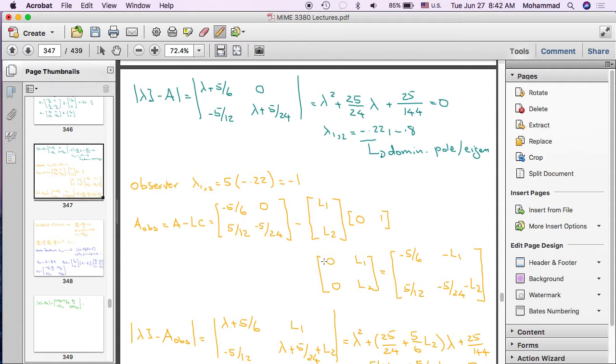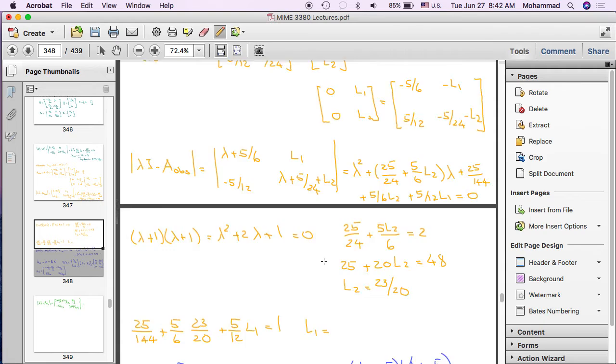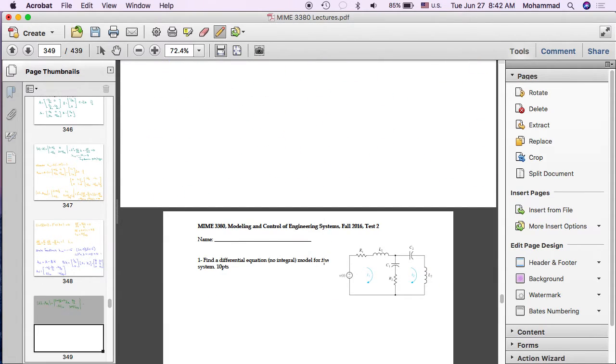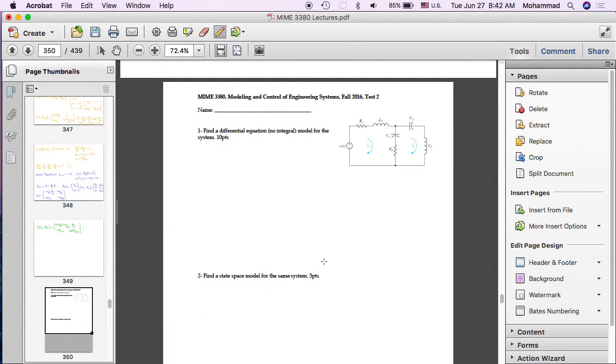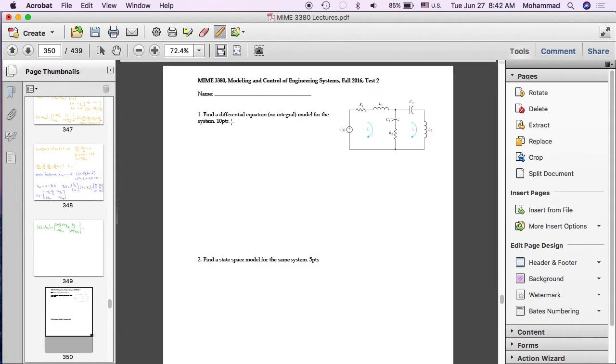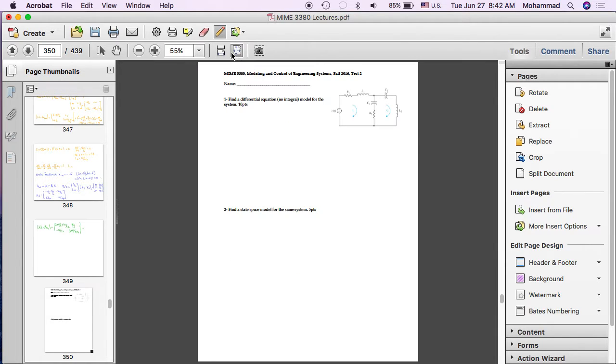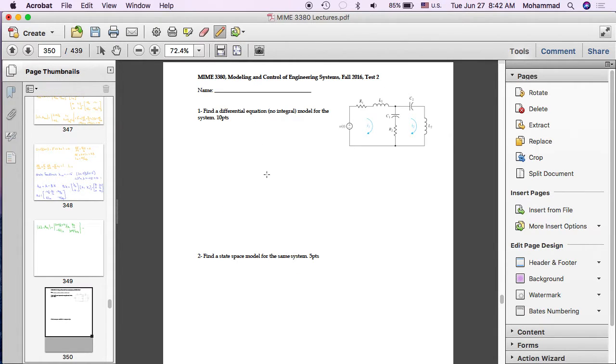Okay, so what I'm going to do next is to spend time on the sample exam that I posted on Blackboard. The model I want to follow is to give you a minute or two to attempt at solving, and then I'll show you the solution here.